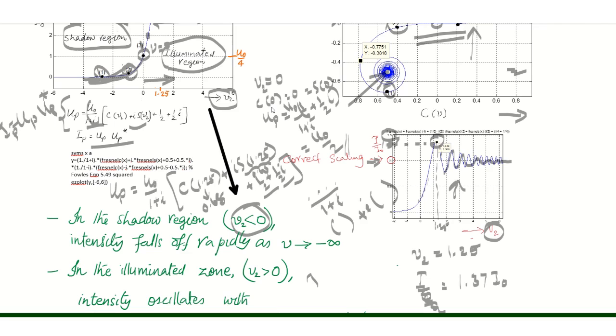Then IP will be this. Let's say this is A, this is B: A plus IB times A minus IB, that is the intensity at that point.